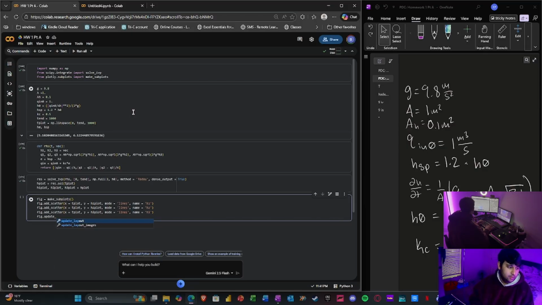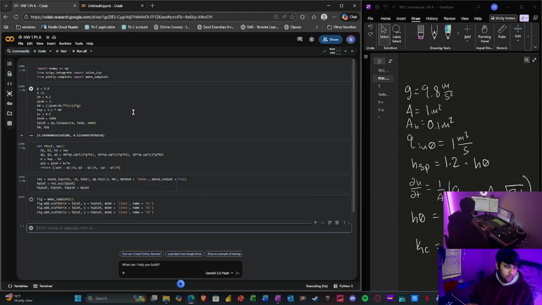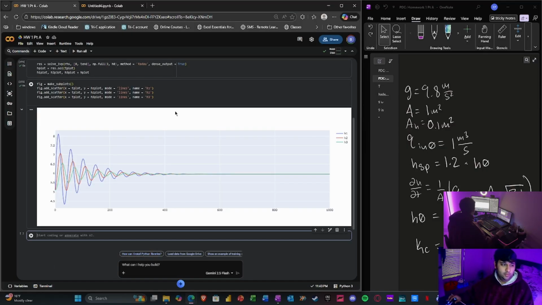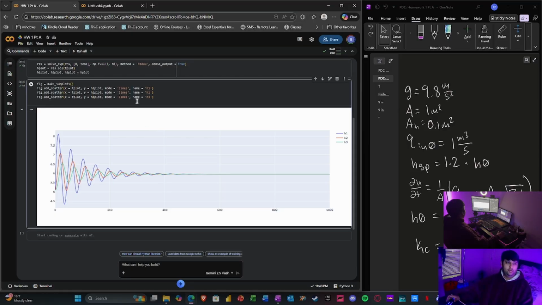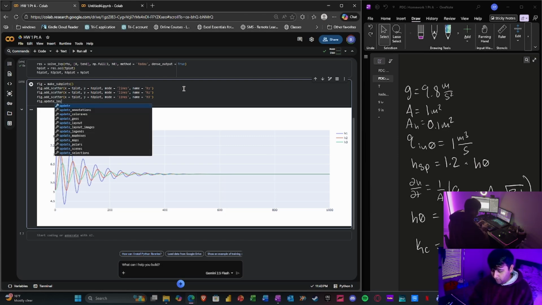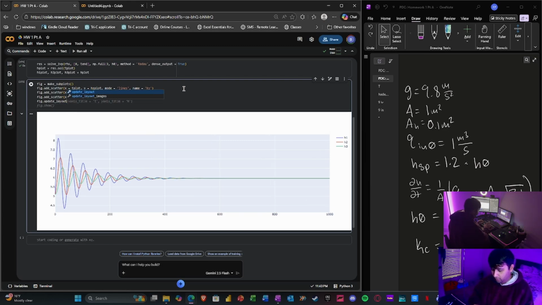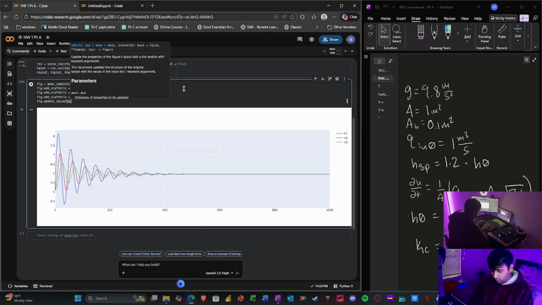And then we're going to update the layout because, well, let me just show what it looks like without it. It doesn't really look very presentable, kind of looks a little annoying. I don't really like looking at a white screen, to be honest. I just keep mine on dark mode. So we're going to change the layout. We're going to make it a little bit smaller.